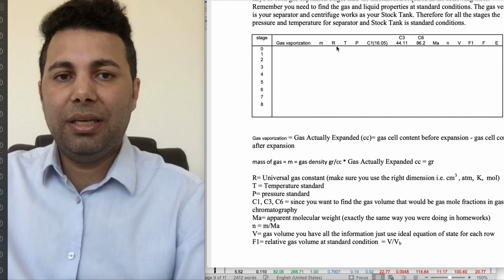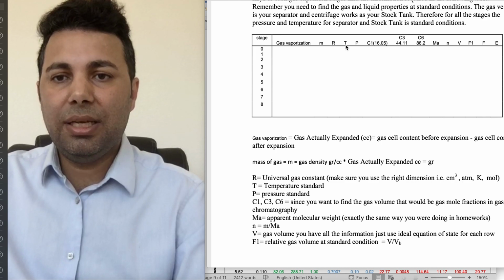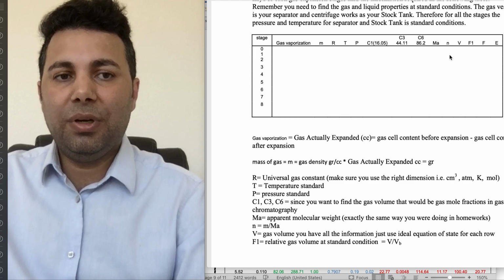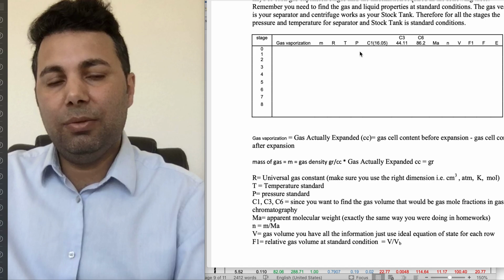Pressure, you have it. n, you have it. R, you have it. And T, you have it. So you can find V. V is equal to nRT divided by P. P is 1, and you calculate it. R is constant and T is constant. So you can find n for every gas expansion, multiply by RT and divide by 1.